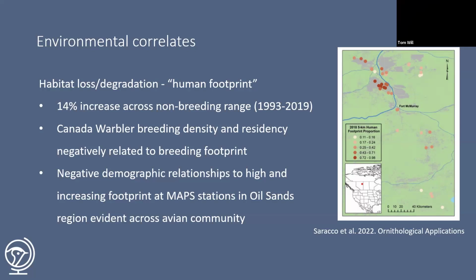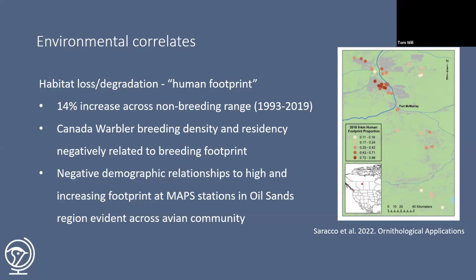But anyways, Scott's paper showed this increase and showed a relationship between breeding densities and what we call residency probability, the probability of a bird at a site being a breeding resident at the site. Both of those things seem negatively related to footprint. So in addition to the survival signal, at least in the West, there's also a signal on the breeding grounds, probably related to recruitment: fewer birds recruiting into the area, and the birds that are there being less likely to be breeders.